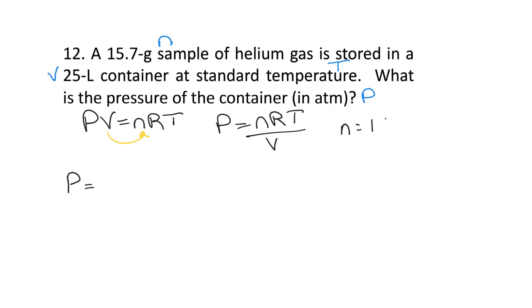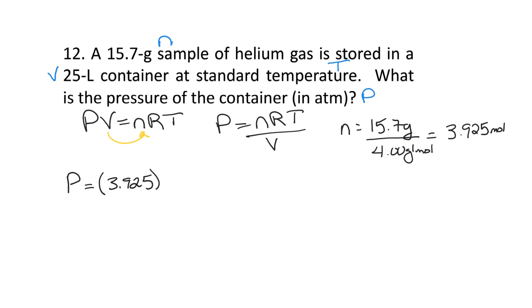Now our N, we've got to convert, so let's do that first. N equals 15.7 grams, and it's helium. So we're going to divide it by 4.00 grams per mole. And this time we get 3.925 moles. Okay, so our N is 3.925.